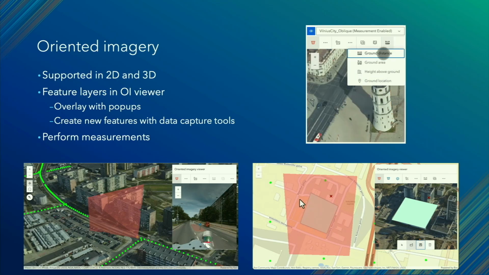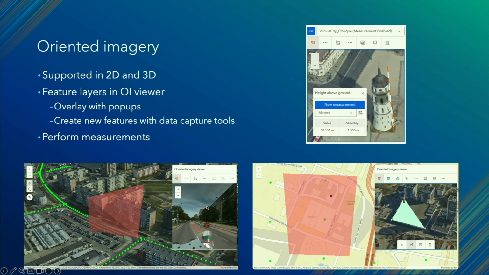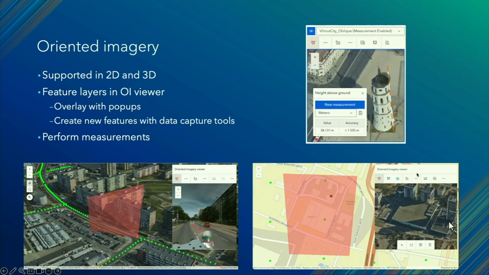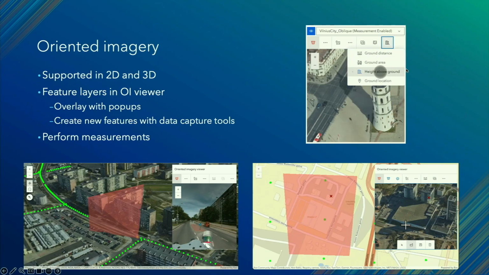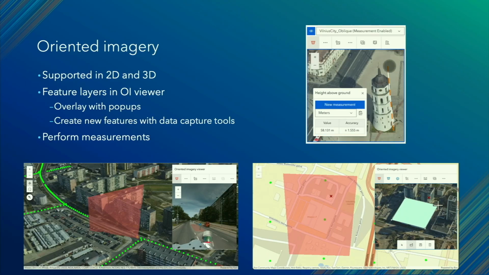But there's also more interactivity going into this viewer, that you can, for example, hook it up to a feature layer and visualize features of that feature layer in the oriented imagery viewer, or even create features in that viewer, as you can see here on the bottom right, where a polygon is drawn on top of a rooftop and then appears in the map. In the upper right, you see new capabilities of performing measurements, again, in the image.